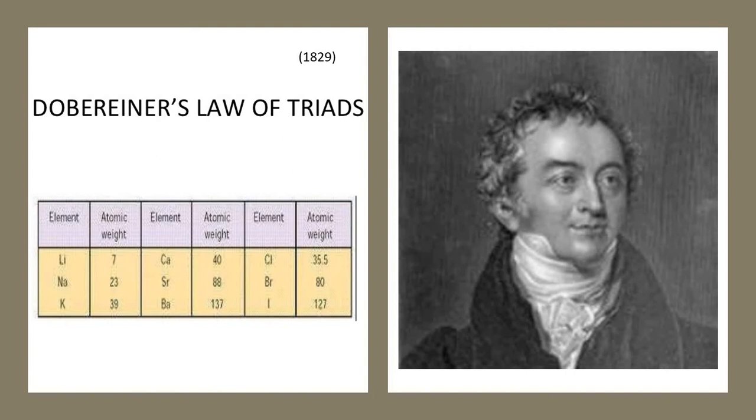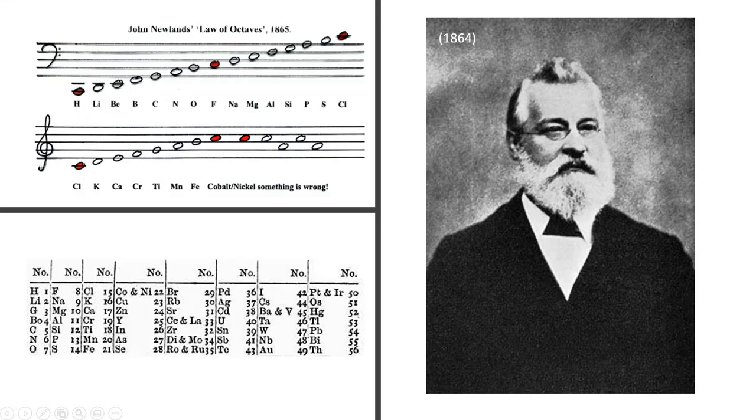Johann Dobereiner started realizing there were patterns to the different elements, and realizing that their weight, or their atomic mass, as we now refer to it, started having something related to a pattern as to how these different elements started fitting together.